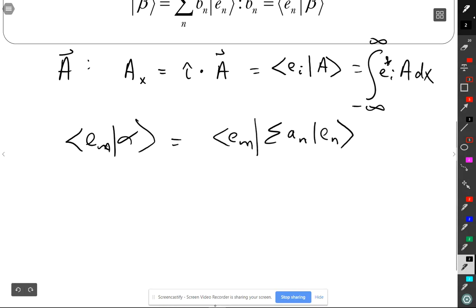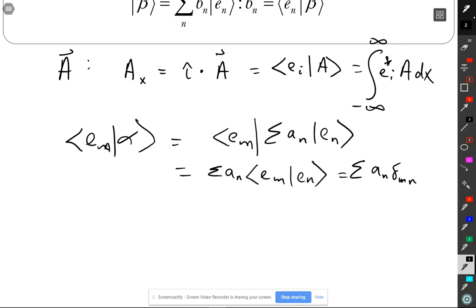So now with this, the summation can come out, and A sub n is just a constant. But what is E sub m, E sub n? Bra E sub m, ket E sub n, by definition, is either 0 or 1. It's 0 if m is not equal to n, and 1 if it is. So it's the delta m n.